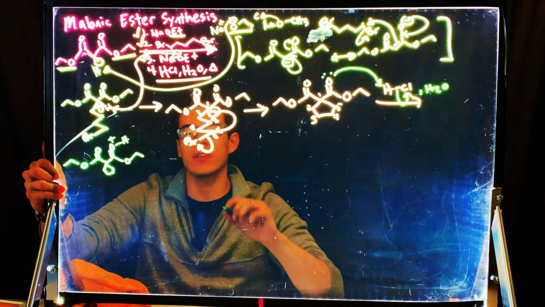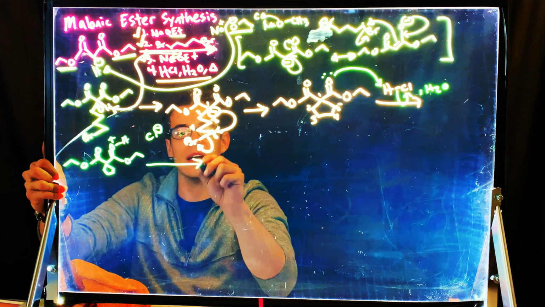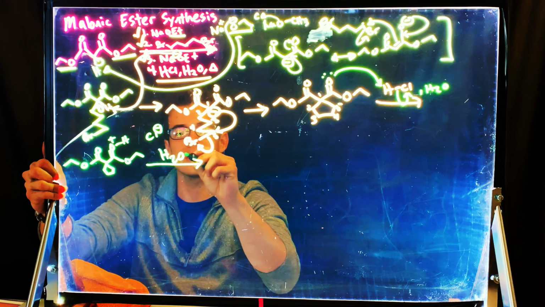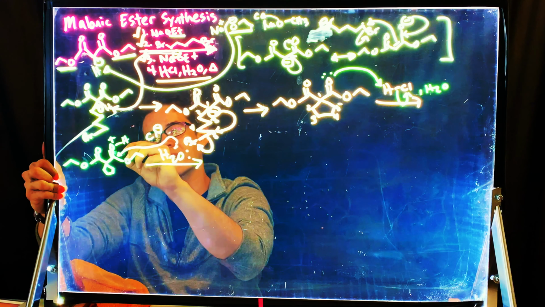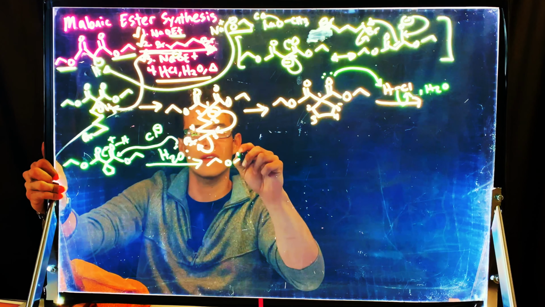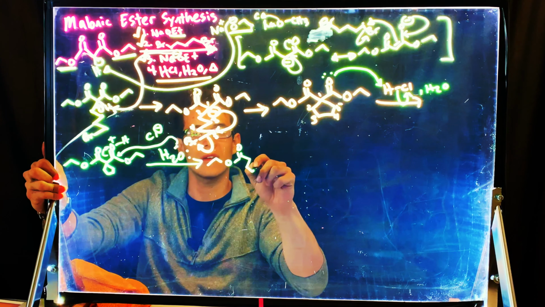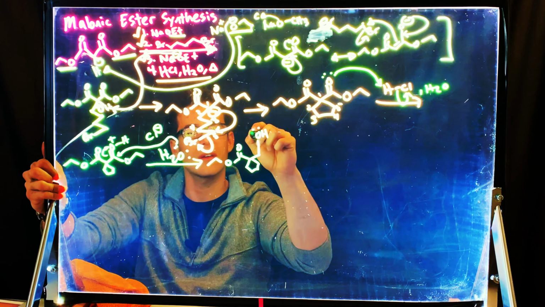Now we also have some Cl minus floating around, and at this time we have our H2O. Our H2O can take a lone pair and attack this carbon, pushing this group up. So now we get here's our OH.